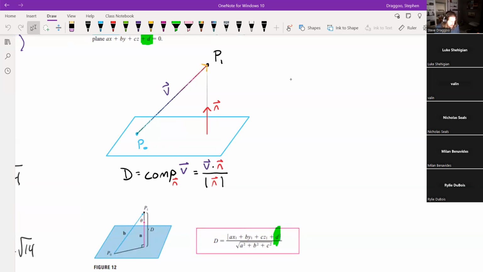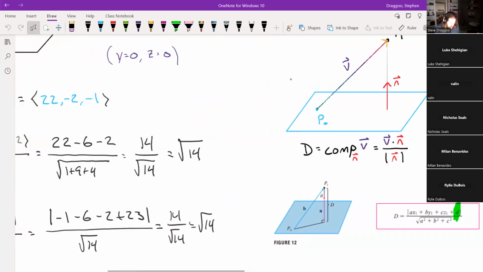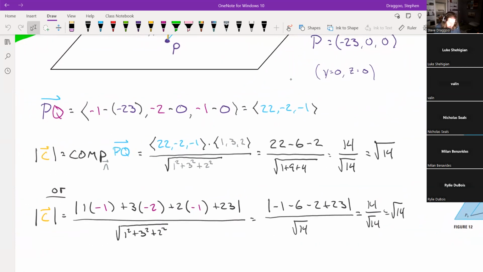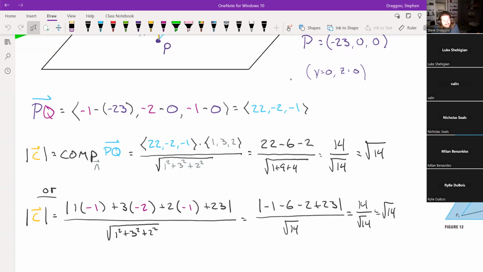The explanation, like I said, isn't as coherent as the explanation that I did previously, but I do think that it can save some time if you'd prefer to use that equation. Here's the math of plugging all that stuff in. Looks very similar. We still get the same 14 over square root 14, which ultimately is just the square root of 14.